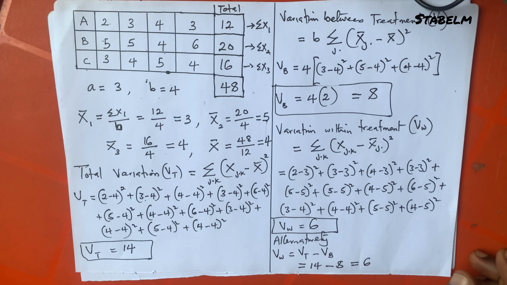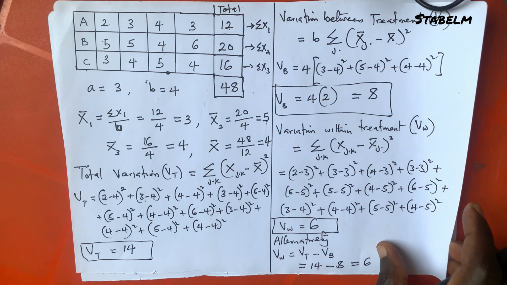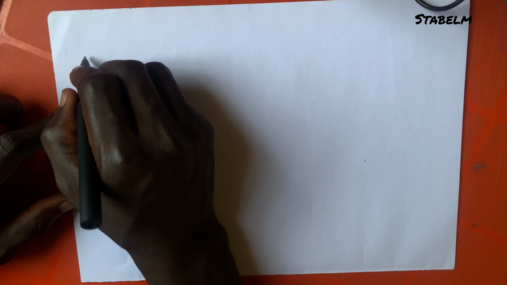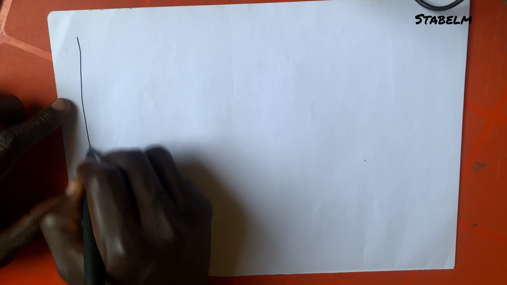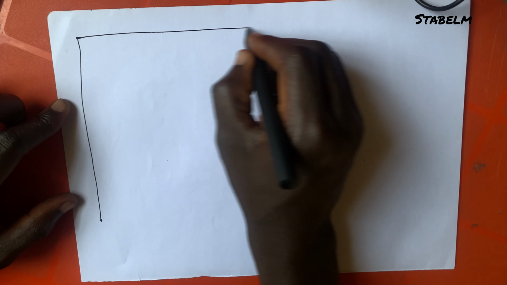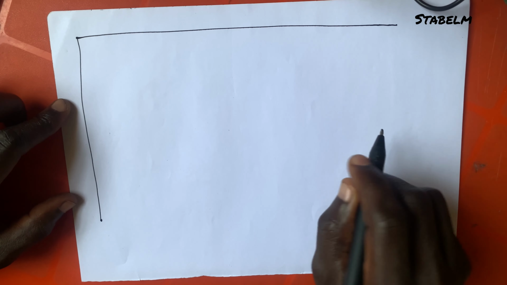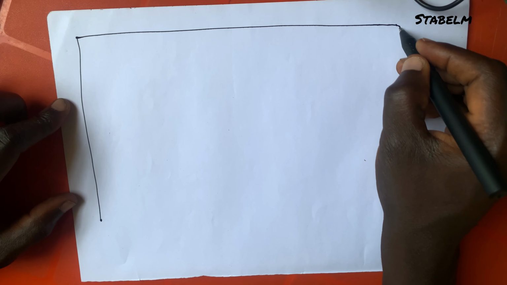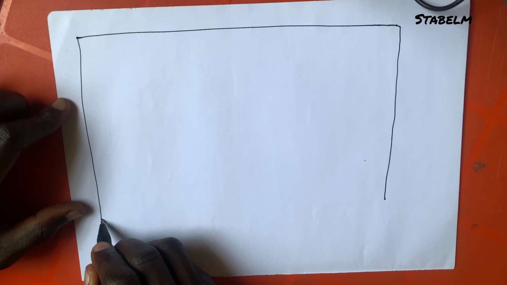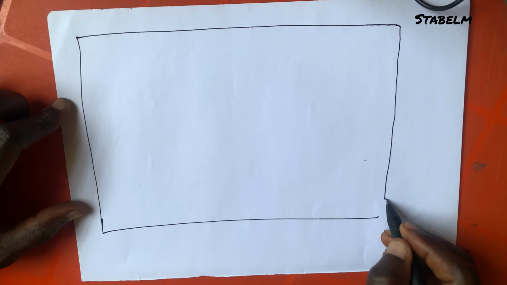So next now we have to prepare the ANOVA table. Let me make it big. It's not necessary to make it big. I just want us to see it clearly. That's why I'm doing it bigger this way.